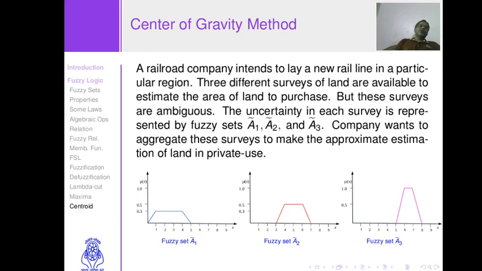Earlier, suppose some land was in public domain, now it is in private use. So you cannot purchase that land. That's why these surveys are considered fuzzy surveys.